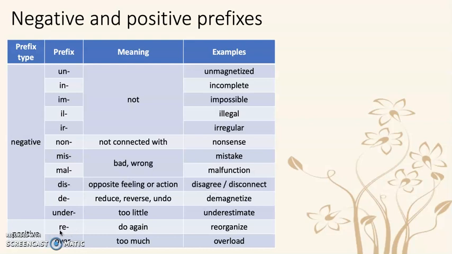When we put re in front of these words, it becomes the same thing, only more. So you don't just organize, you reorganize. Or if you put over in front, you don't just load, you overload. Take a minute, push pause, and look through these examples carefully.